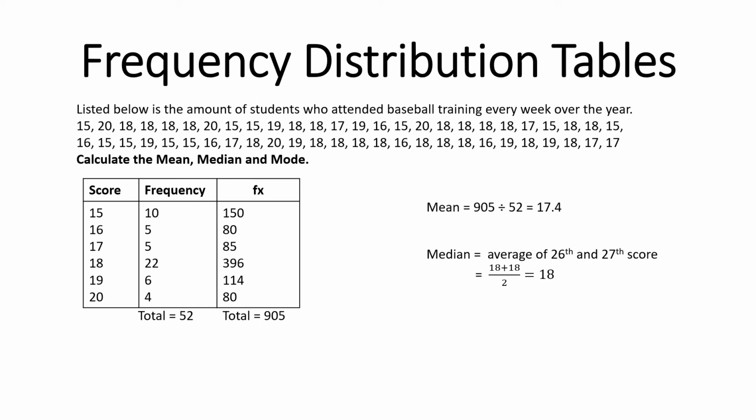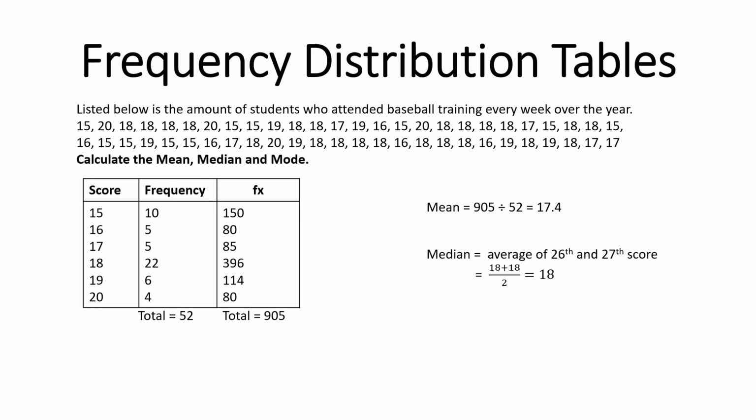Now, if you look at your frequency distribution table, you will see that the 26th and 27th piece of data would appear in the 18s, because we've got 10 in the 15s, then 5 16s, so that's 15, then another 5 17s, so that's 20 pieces of data, and then we've got 22 18s, which takes us to 42 pieces of data.